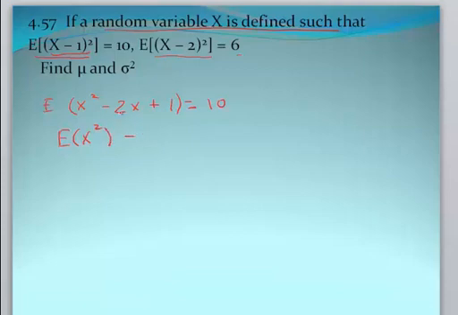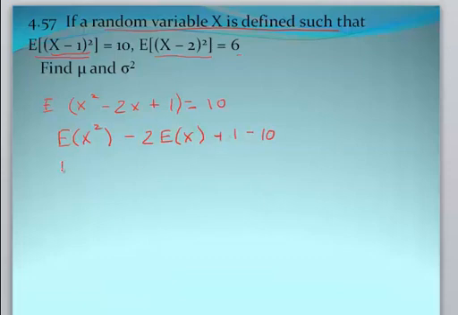Watch. Okay, so this one is 2, expected value of x. Okay, now, what is the expected value of 1? Well, it's just a constant, so it's going to be actually 1 itself, right? So it's going to be plus 1 is equal to 10.